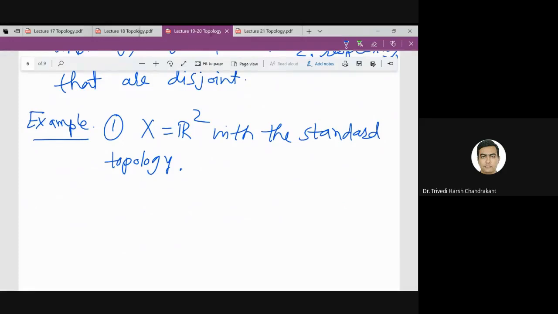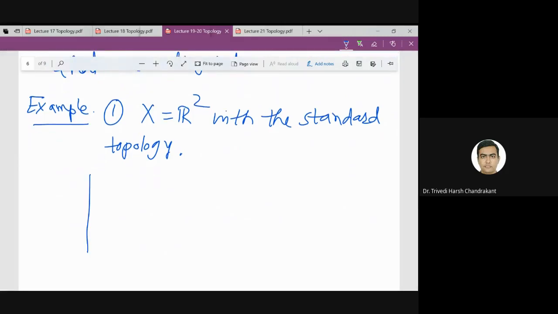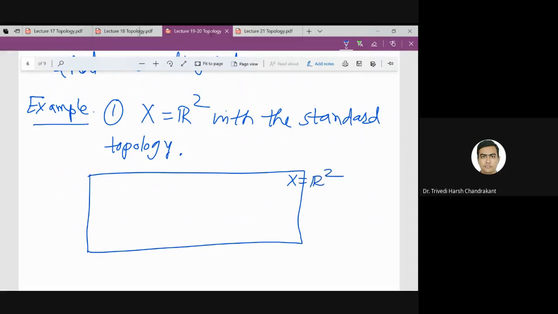The question is whether R2 with respect to the standard topology is Hausdorff or not. To check this, basically X equals R2, the xy plane, and I'm taking two points x1 and x2, which are distinct points in R2.